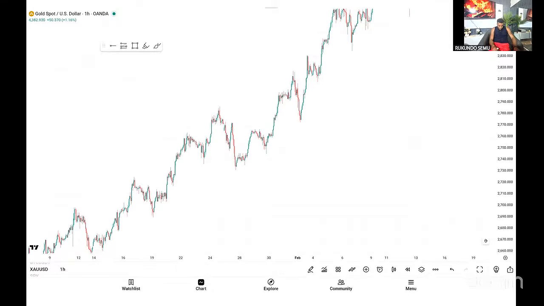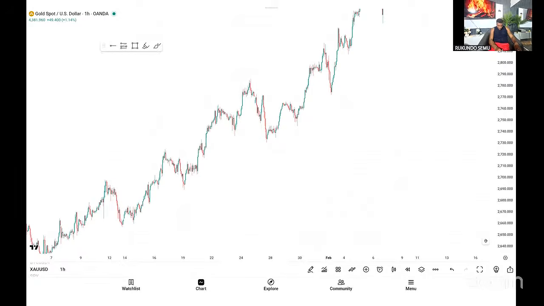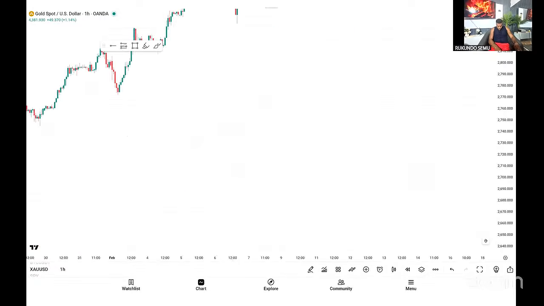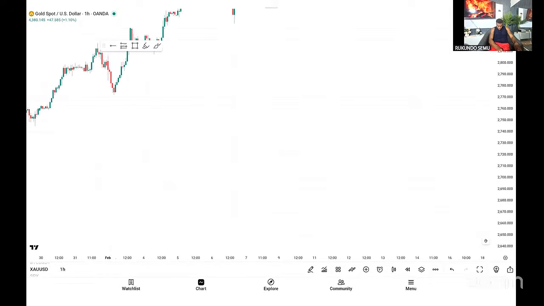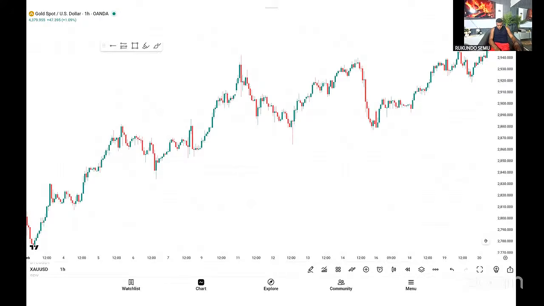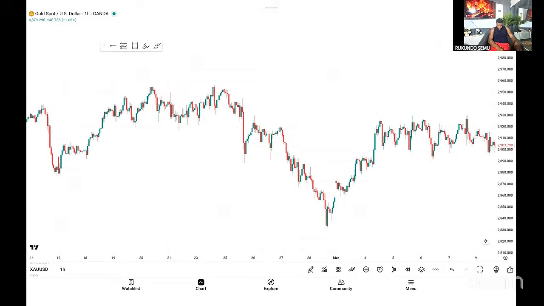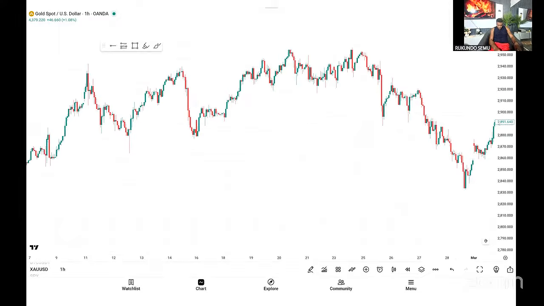I'm trying to look for where we can do it in a downtrend, but I'm not seeing where we can, because I've been backtesting this strategy using uptrend, and people wanted it in downtrend.